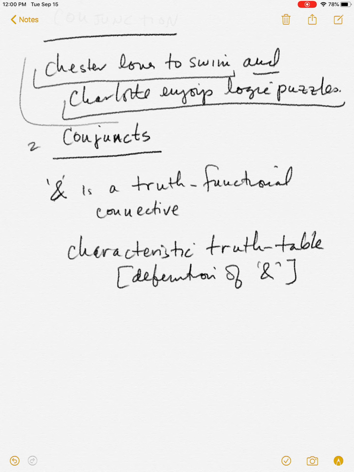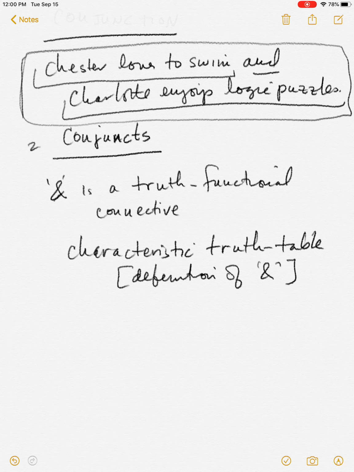Okay, so let's think about it. Let's go back to this particular conjunction. This sentence has the form of a conjunction, and let's say Chester. I'm going to write down S for Chester loves to swim, and then an ampersand, and P for Charlotte enjoys logic puzzles. And what we want to think about is how this sentence fares under all possible circumstances, so to speak.